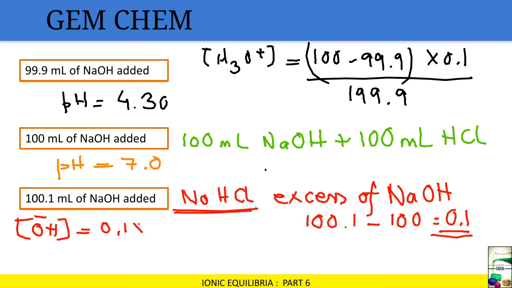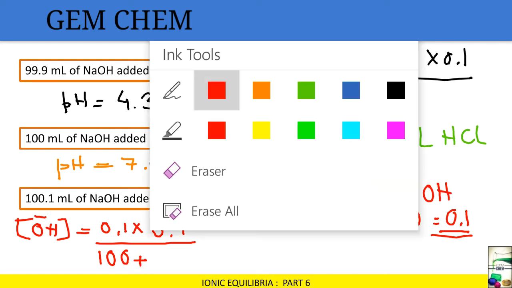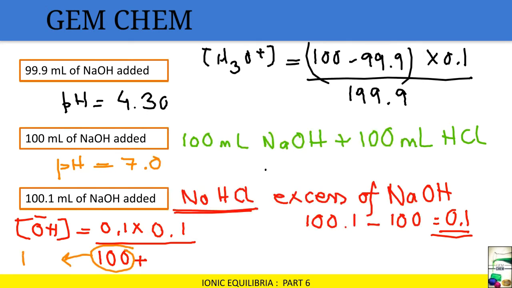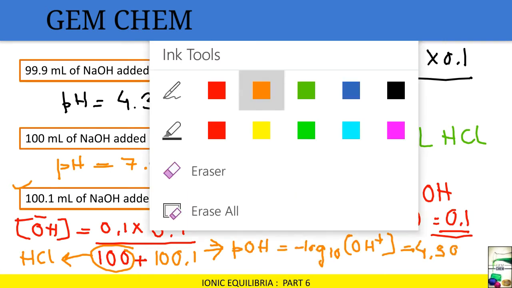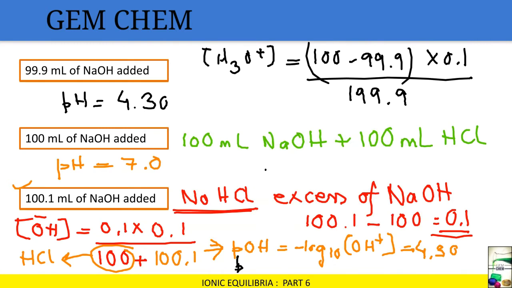So 0.1 into 0.1 is the amount of base, divided by the total volume of the solution, that is 100 of HCl previously present plus 100.1, the volume of NaOH added. So ultimately pOH from here we get 4.30. Now we require pH, so pH equals 14 minus 4.30, which comes to be 9.7.